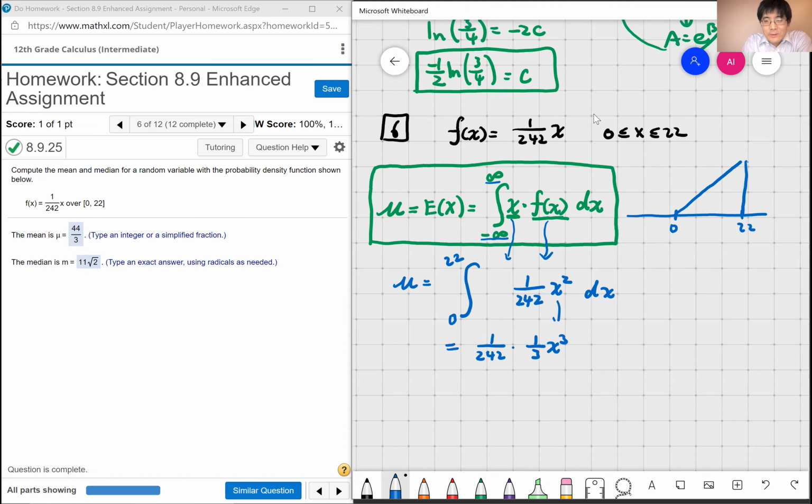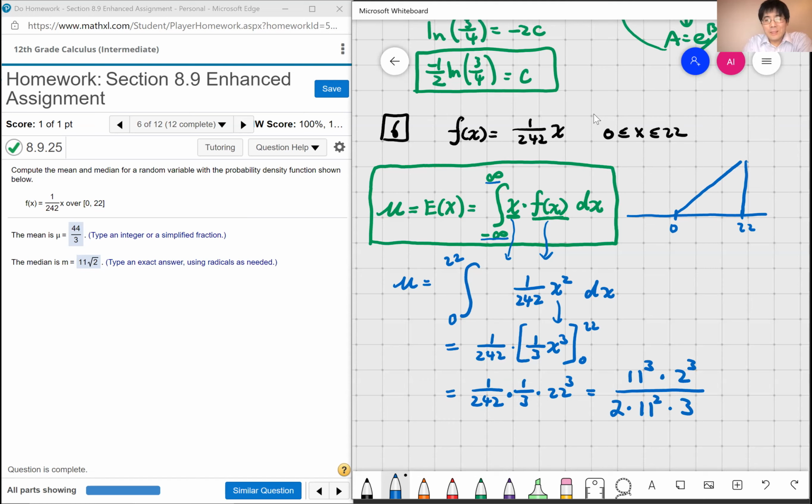Integrating x squared using the power rule, you get 1/3 x cubed. And you plug in 22 and 0. So this becomes 242, 3, and 22 cubed. Let's simplify this. 22 cubed is the same thing as 11 times 11 times 11, 2 times 2 times 2. 242 is decomposed into 2 times 121, which is 11 squared.